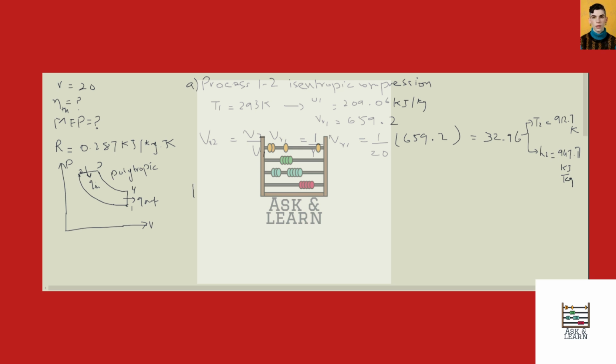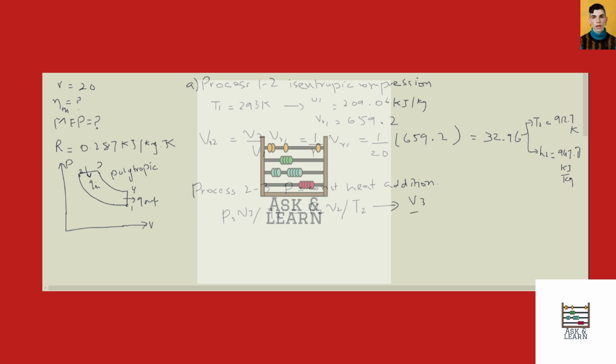During the process 2 to 3, that is P equals constant heat addition, P3 V3 divided by T3 is equal to P2 V2 divided by T2.